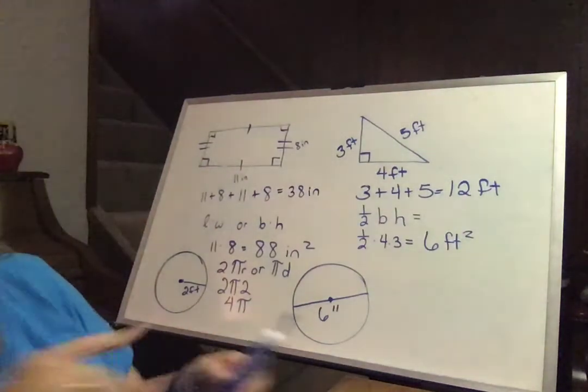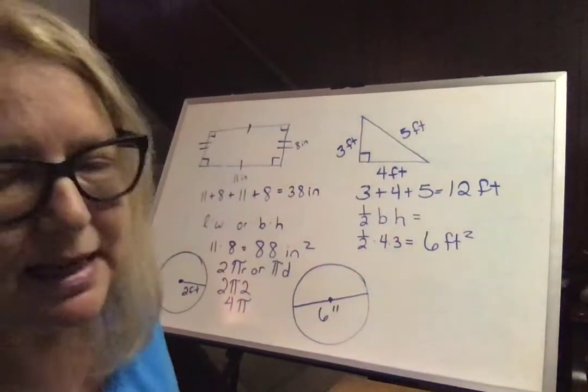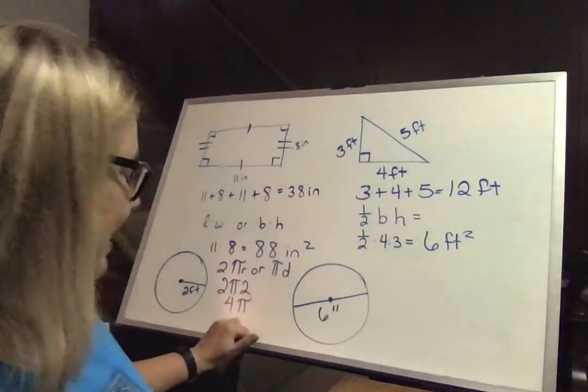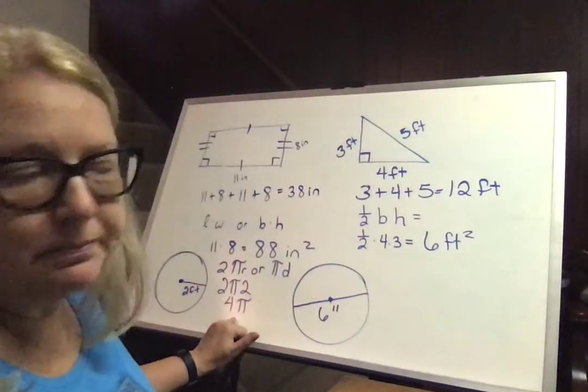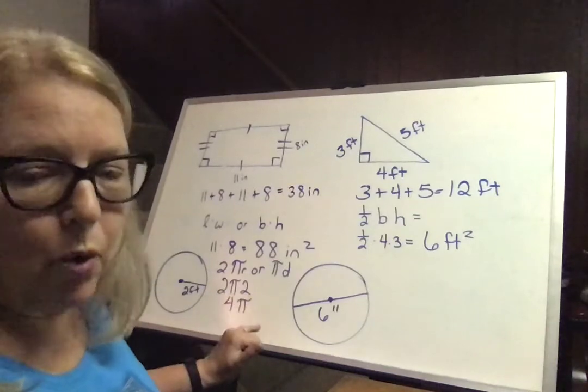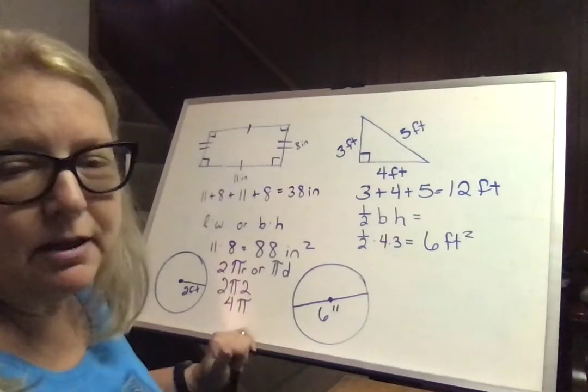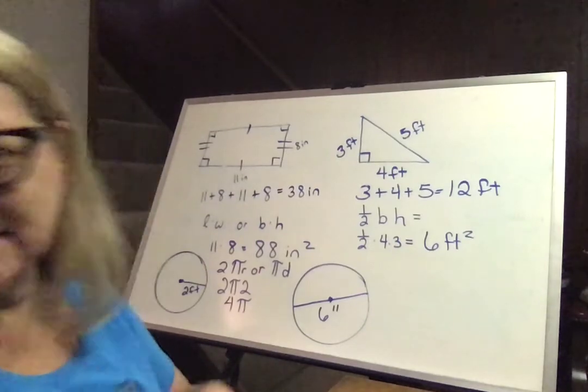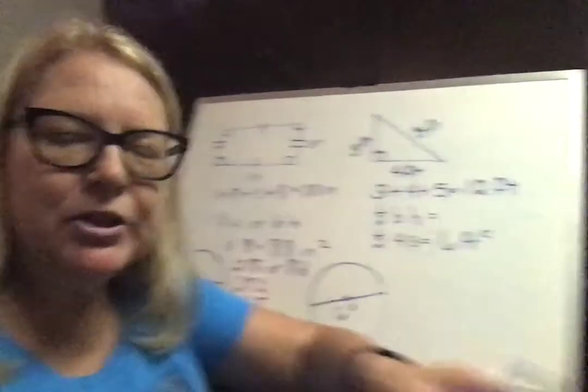And you could leave it just like that, because that is exact form, or pi form, 4 times pi. Or you put it in a calculator, 4 times 3.14, and I don't have a calculator right here. That would have been helpful.